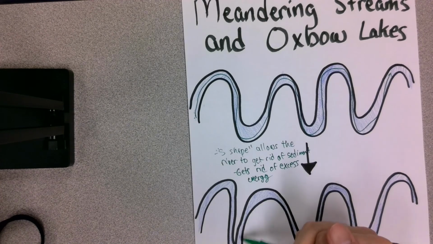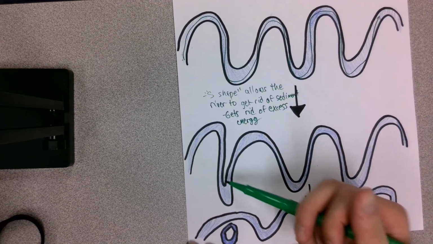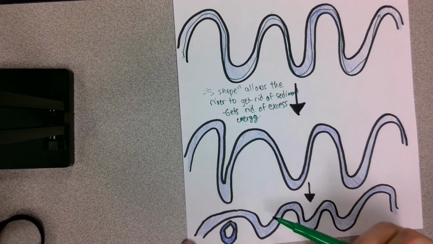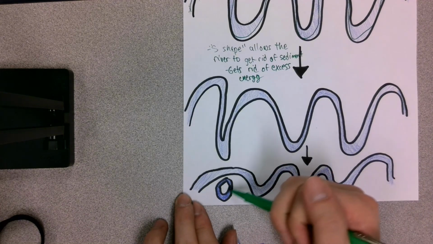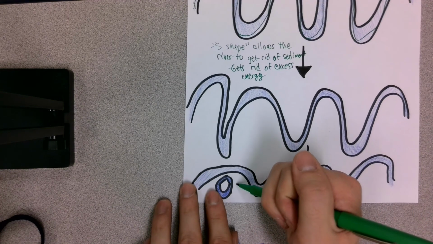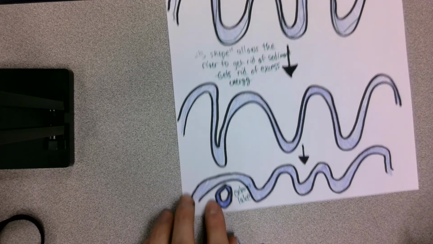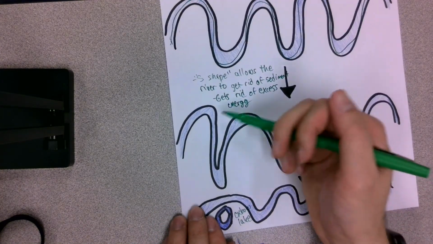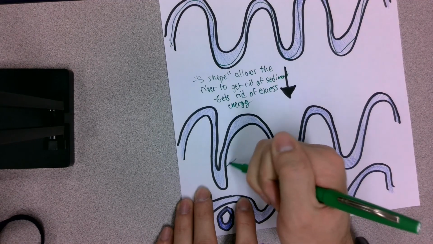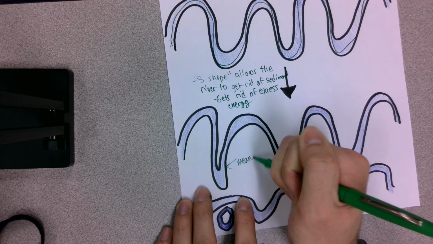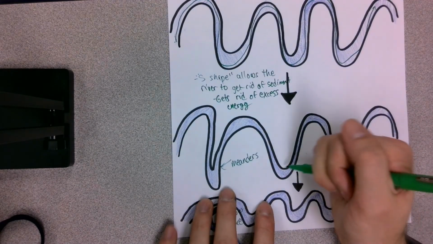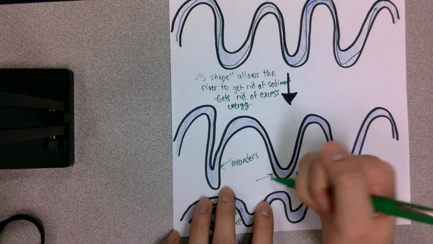And it eventually will start to almost connect like this. And then it will form this thing here, which is called an oxbow lake. So oxbow lake. And an oxbow lake is basically where these little sigmoidal things connect. And these sigmoidal things are actually called meanders. Alright? And these are called meandering streams.